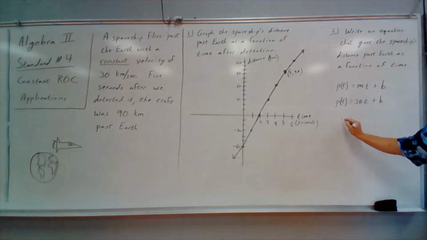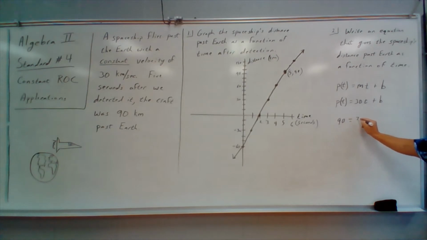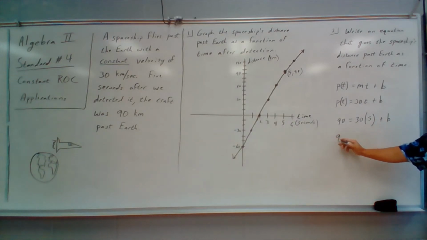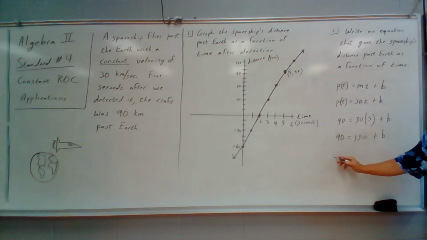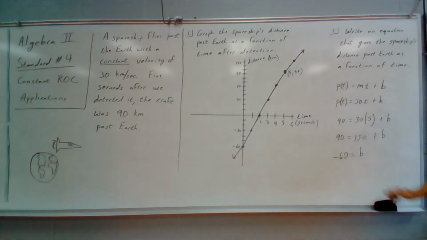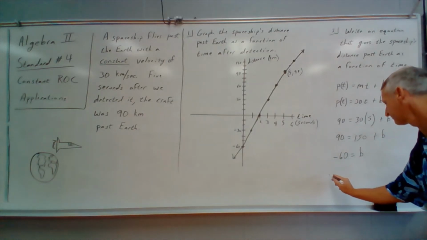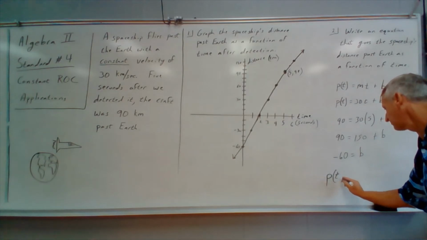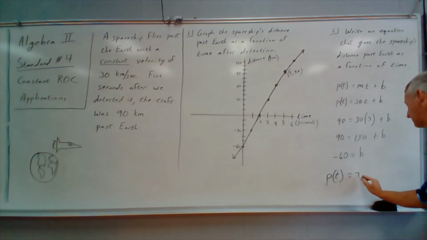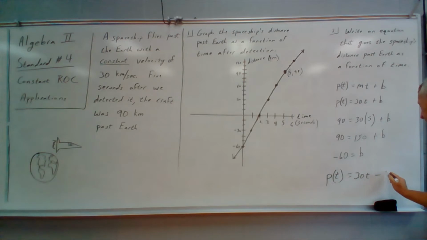I'm going to put a 90 in for the y, and I'm going to put a 5 in for the t. That's 150, so 90 is equal to 150 plus b. Subtract 150 from both sides, and I get negative 60 is equal to b. So we can find the y-intercept that way. Again, the final answer for our equation is P of t is equal to 30t minus 60.